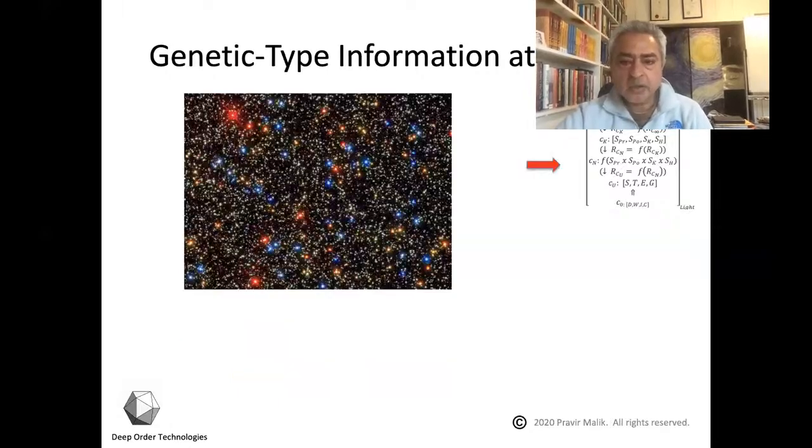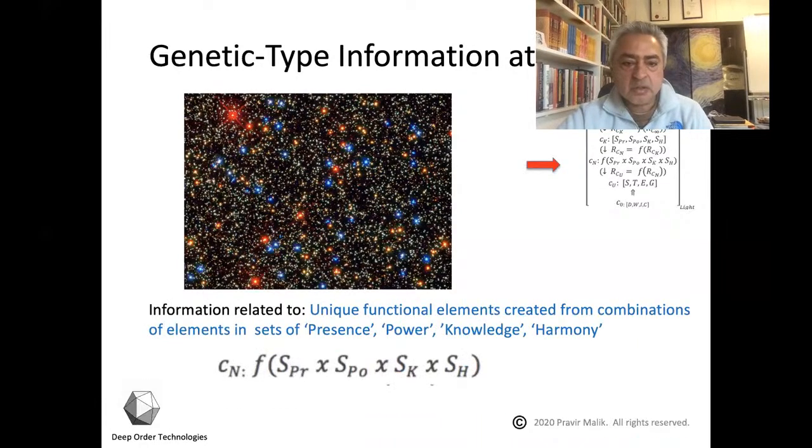Now, when we think of the third layer, similarly, there is a further quantization that's happening. And in that quantization, these elements that exist in these four sets are diversifying further or materializing a different face of themselves. So here, this information relates to unique functional elements created from the combination of all the elements in these sets of presence, power, knowledge, harmony.